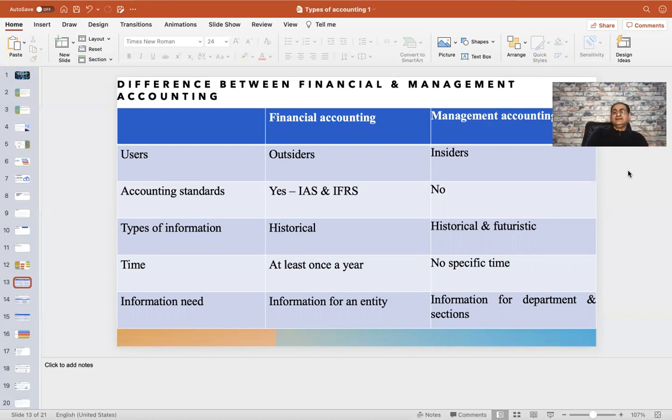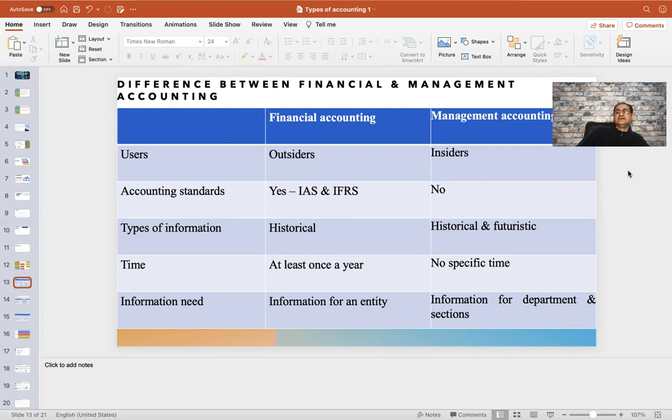Financial accountants need to follow the legal framework. They have to follow international accounting standards, international financial reporting standards. But management accountants don't need to follow any accounting standards. Financial accounting reports are providing historical information because financial statements are prepared at the end of the year.